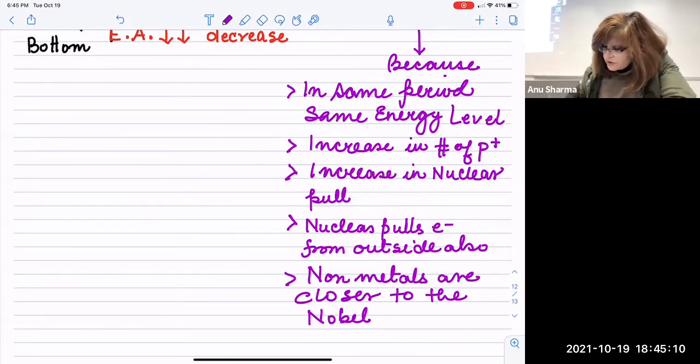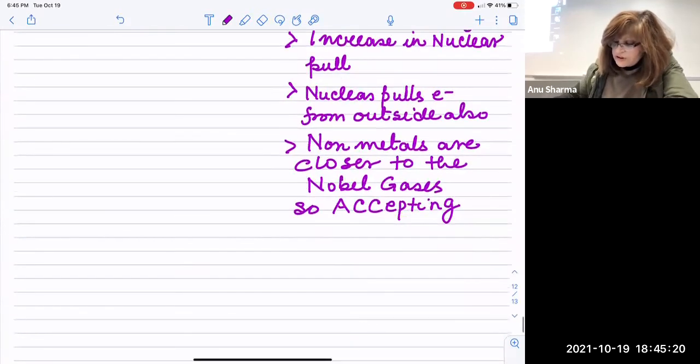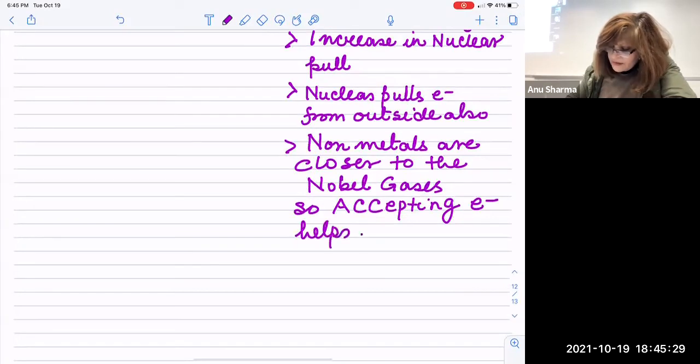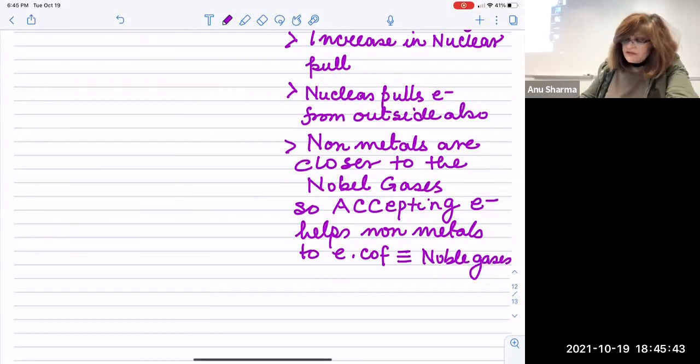Accepting electrons helps the non-metals to get the electronic configuration like that of noble gases. So that's one thing.